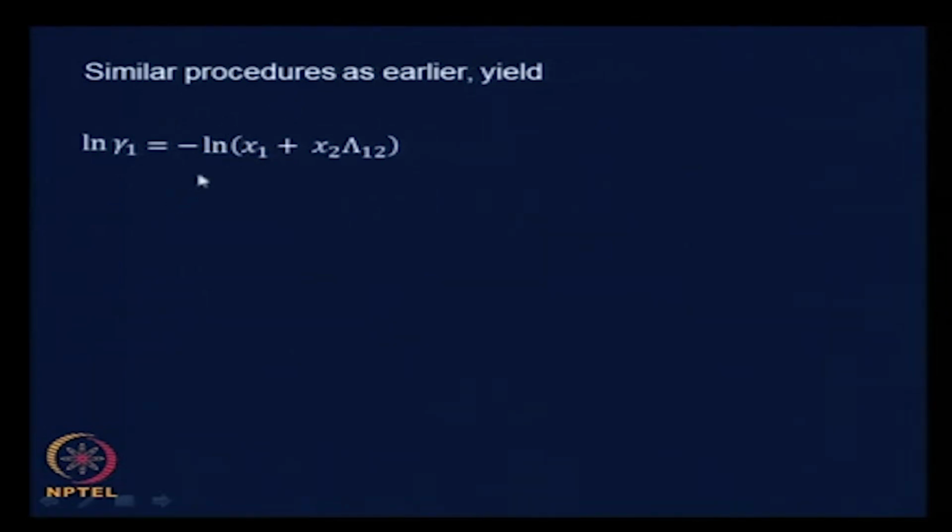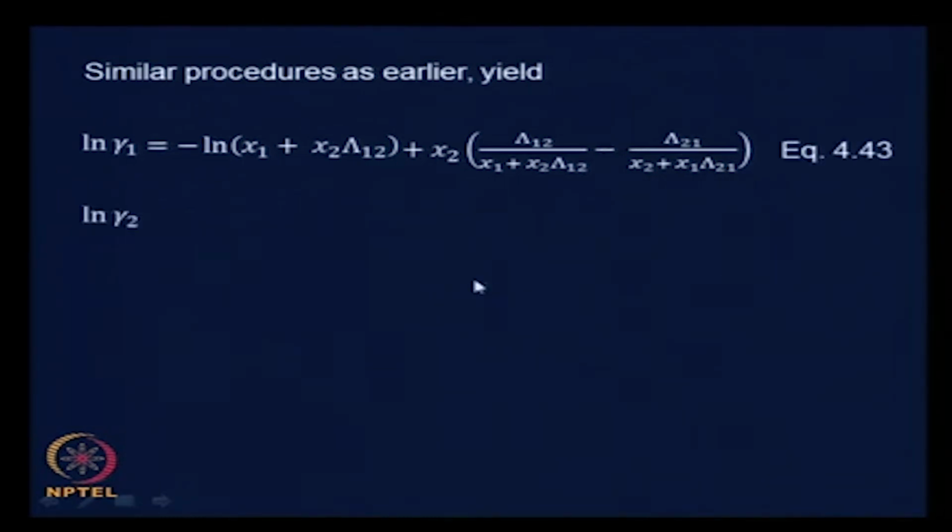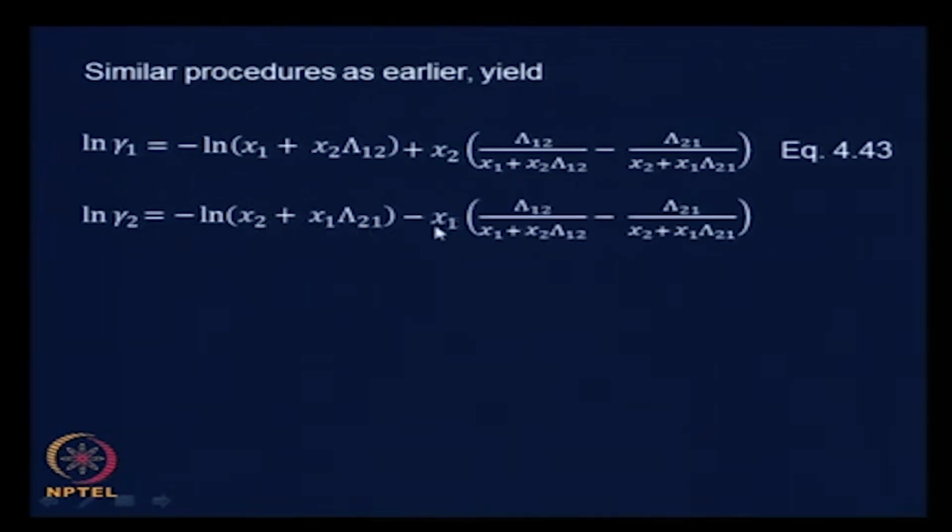Ln gamma 1 equals minus ln of x1 plus x2 lambda 12 plus x2 times the quantity lambda 12 divided by x1 plus x2 lambda 12 minus lambda 21 divided by x2 plus x1 lambda 21, and ln gamma 2 equals minus ln of x2 plus x1 lambda 21 minus x1 times the quantity lambda 12 divided by x1 plus x2 lambda 12 minus lambda 21 divided by x2 plus x1 lambda 21.